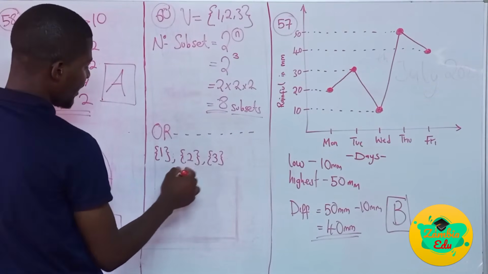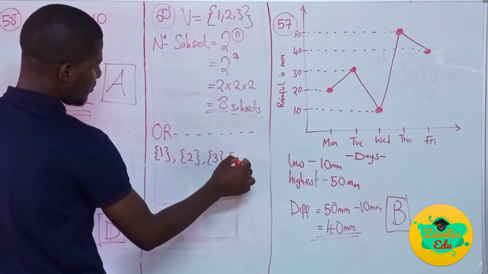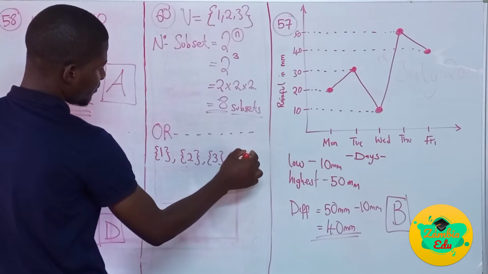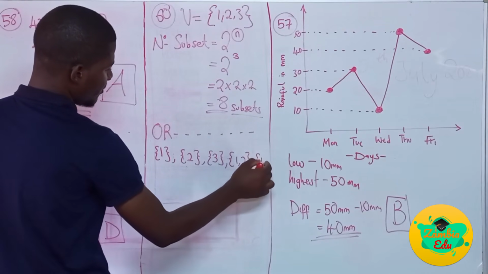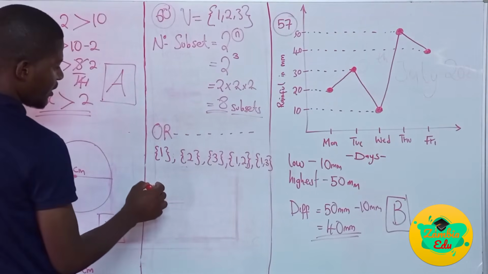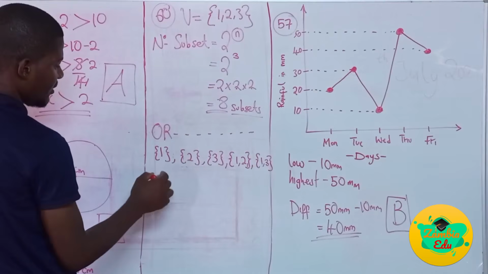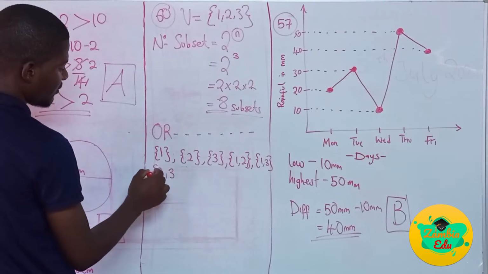Now let's start combining them. 1, 2; 1, 3; then the next one would be 2, 3.